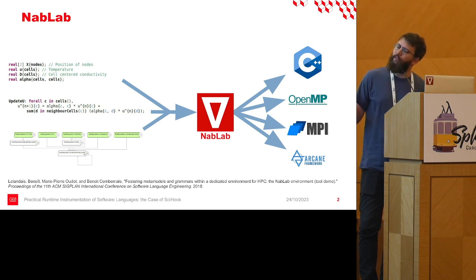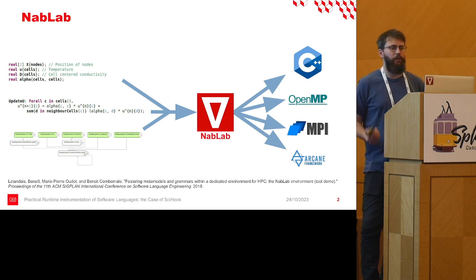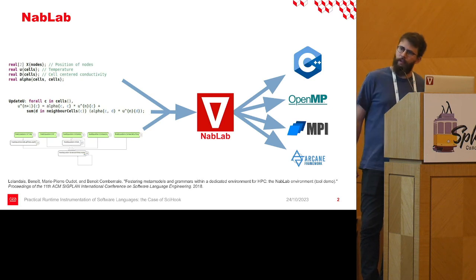So we have simple data types, but also vectors and matrices. And we can also attach these variables to mesh entities, which are the discretization of the space in your simulation. So it's really a physics simulation-oriented DSL.